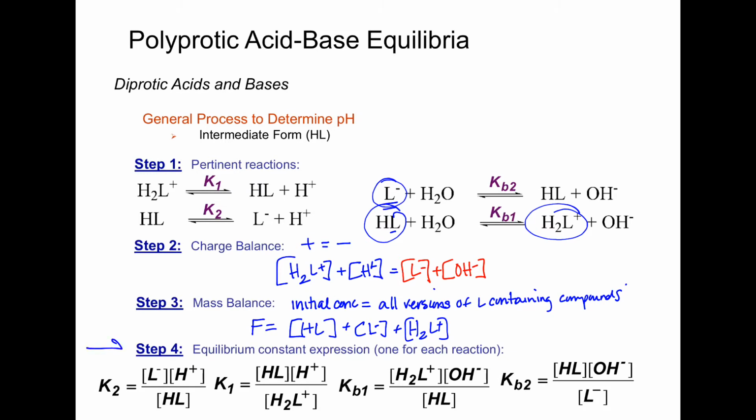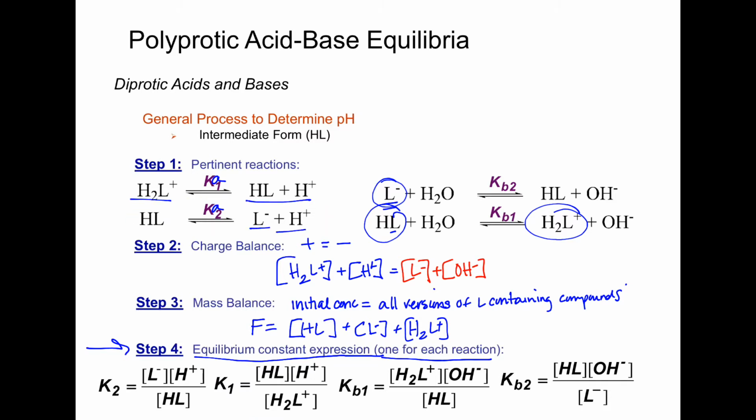And the next step is to write equilibrium constant expressions, 1 for each reaction. So again, I'm just going to remind you that that was Ka1, Ka2. And so if you do products divided by reactants, you would get this guy right here. And then Ka2 right here.